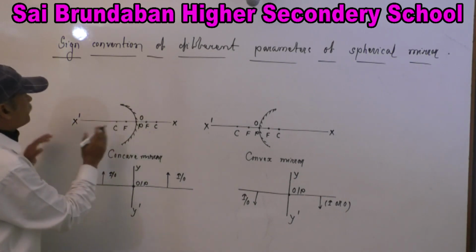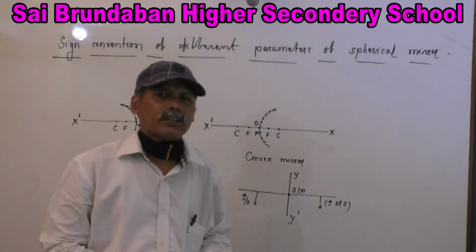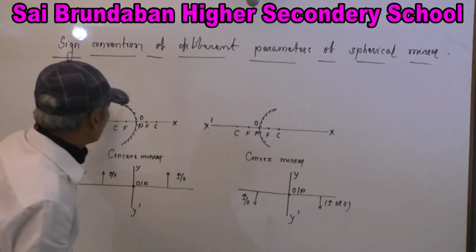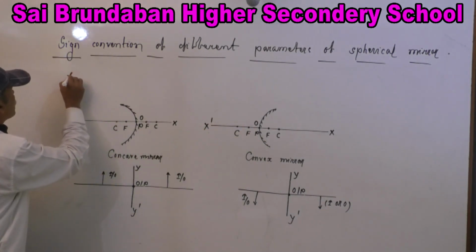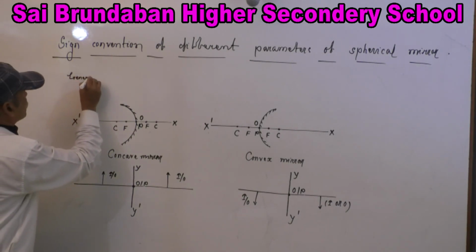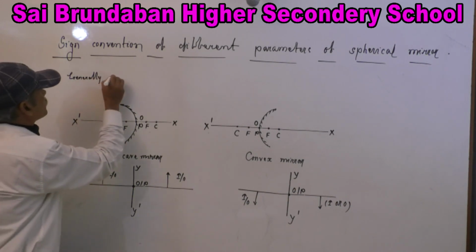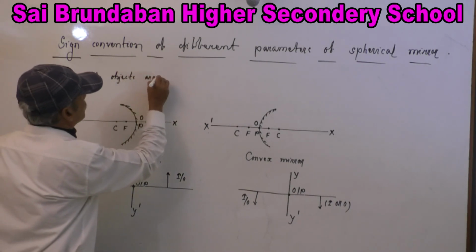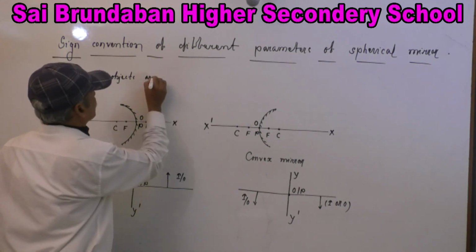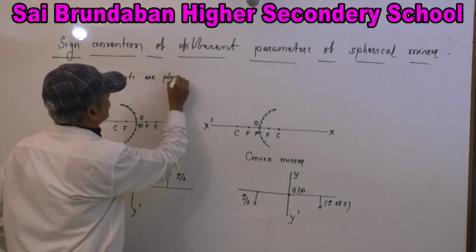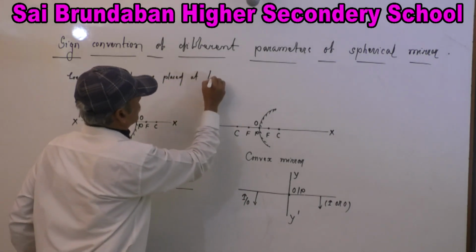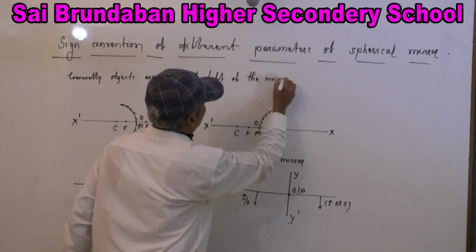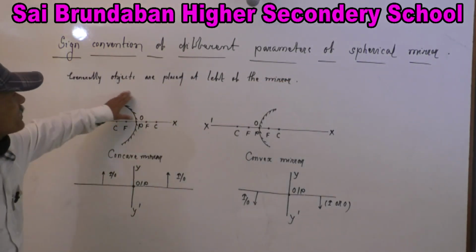Generally, the object is usually placed at the left of the mirror.